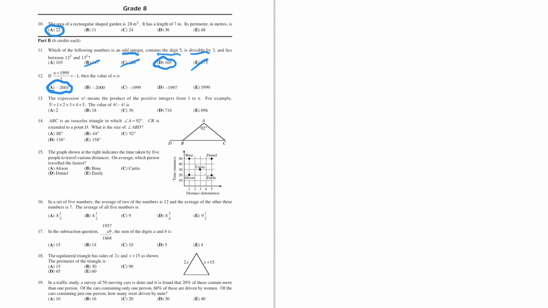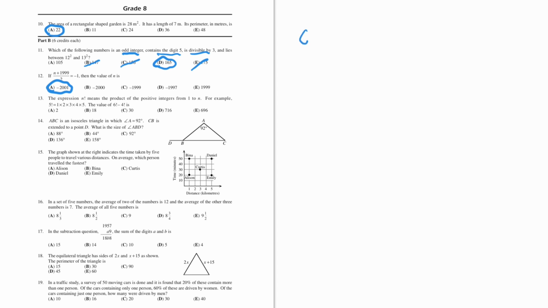Number 13. The expression n factorial means the product of the positive integers from 1 to n. For example, 5 factorial equals 1 times 2 times 3 times 4 times 5.